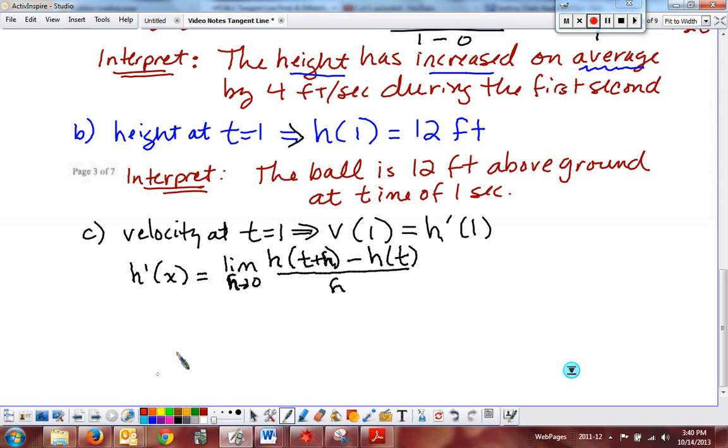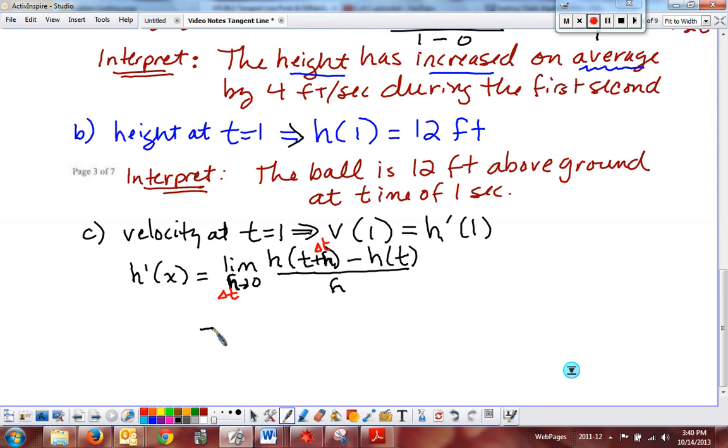There are times, if you look in your textbook, that they will call this delta x, or in this problem, they might call it delta t. But typically the AP will always pretty much use h as our change in whatever variable we're looking at. All right, so I'm just going to leave it there.